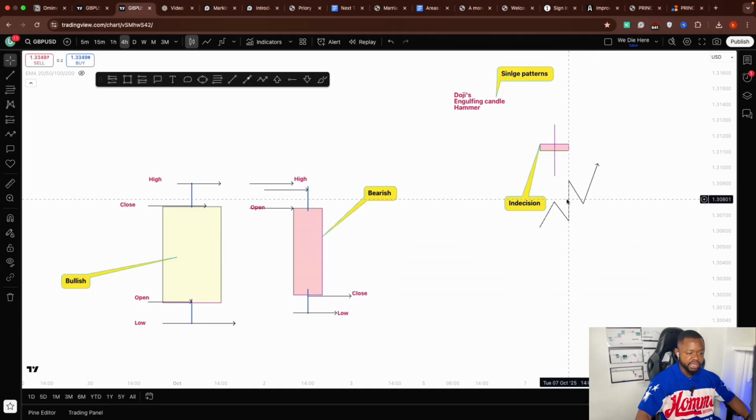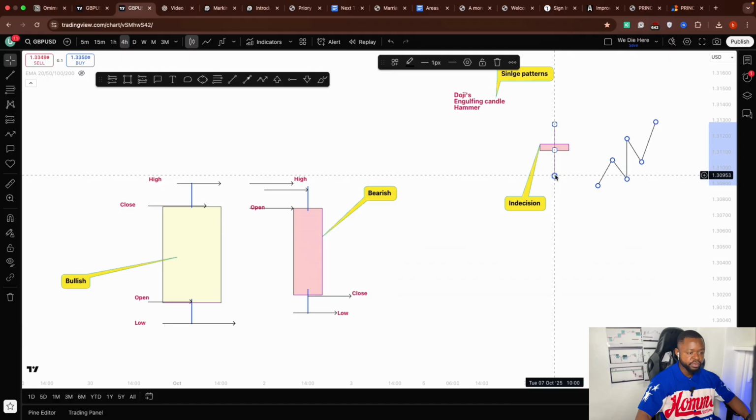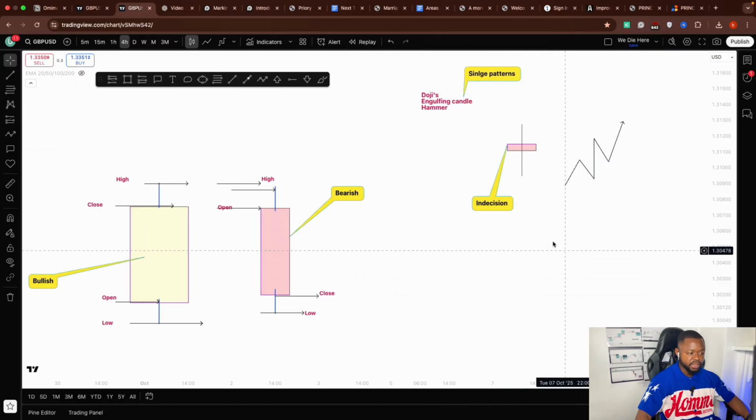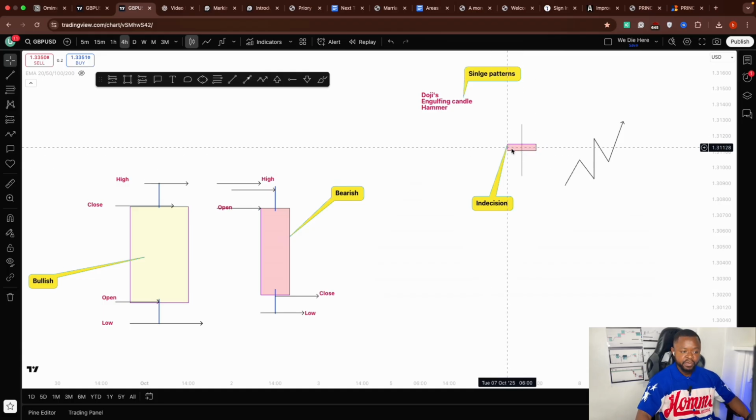Remember, price will definitely open from the low, went all the way to the high, and finally we have the candle in the middle. The candle just means the buyers and the sellers, after all the rambling, decided that the middle price, or here, is the best price they can give. So nobody is accepting to buy this particular market on this particular candlestick above here, and nobody's willing to sell it below here. So it ends in the middle. That makes it a single pattern candlestick.